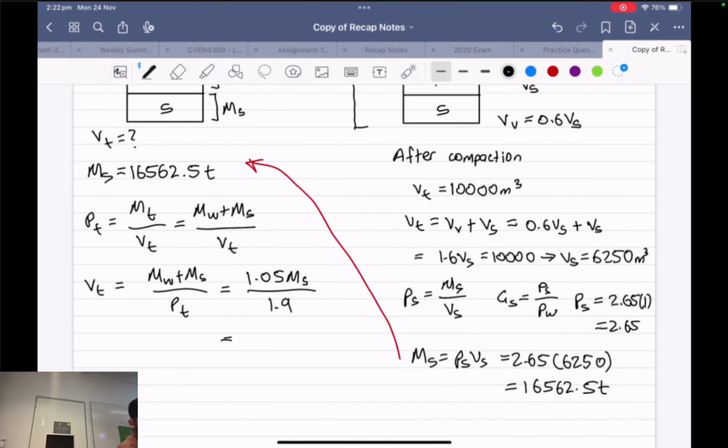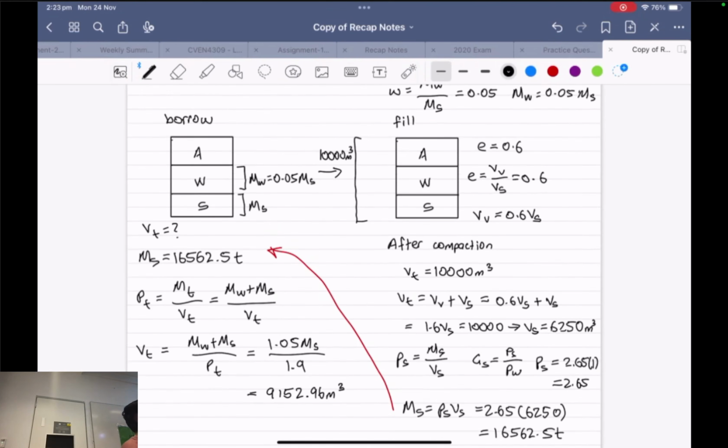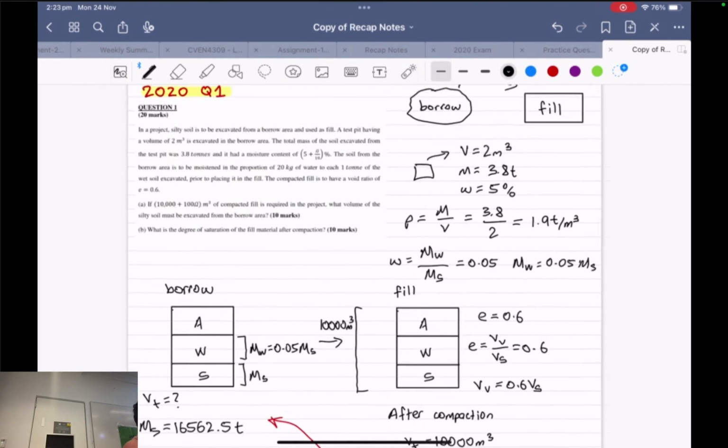So that's equal to 9,152.96 meters cubed. So that's the total amount of soil that you have to excavate from the borrow in order to get 10,000 meters cubed in the fill after you compact it. Given that you're adding some things as well, you're adding water to the borrow soil as well.